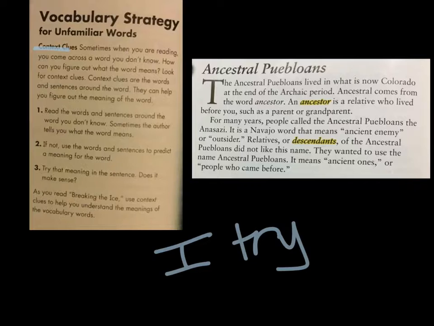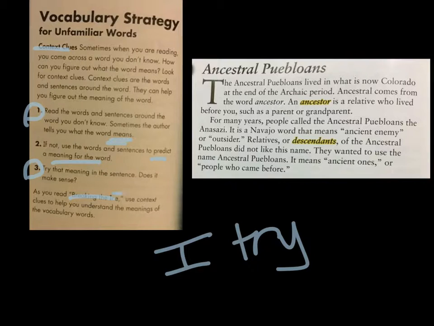So when we find a word gap, we're going to read the word and the sentences around the word we don't know, and we're going to see if sometimes the author will tell us what that word means. That's that meaning clue. Remember, we could also look for an example clue. And we can then predict the meaning for the word if we have examples. And we have to try that meaning in the sentence. Does it make sense?